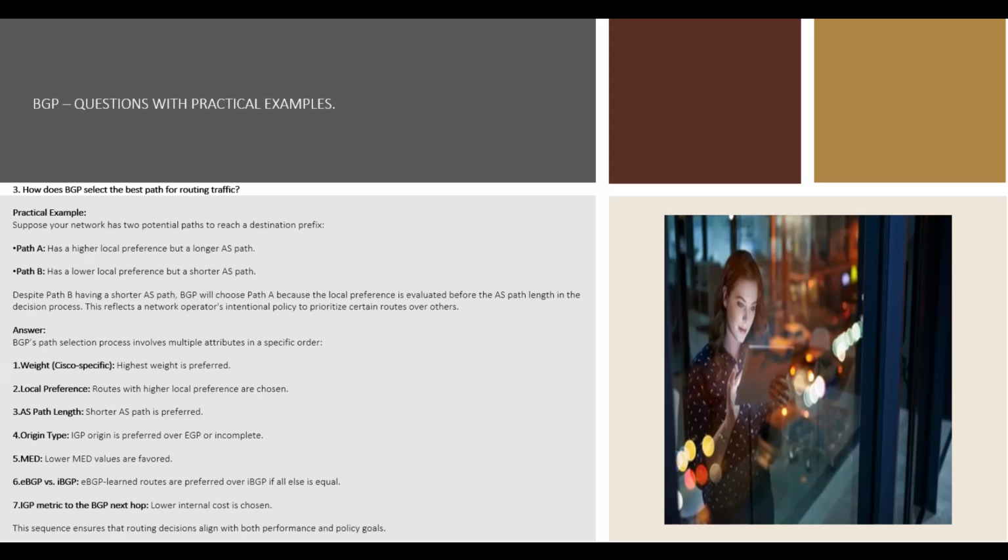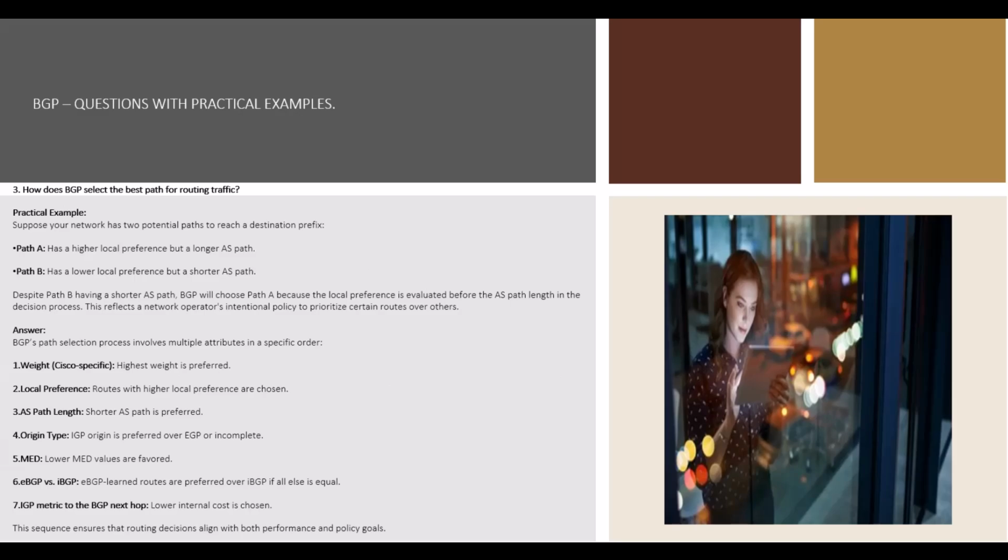AS path length: a shorter AS path is preferred, obviously. Number four is the origin type. IGP origin is preferred over EGP or incomplete. That's obvious. If there's an IGP path, it will select the IGP path before the EGP.